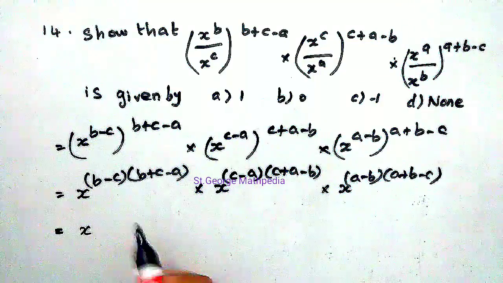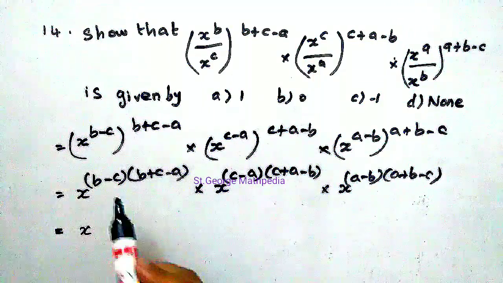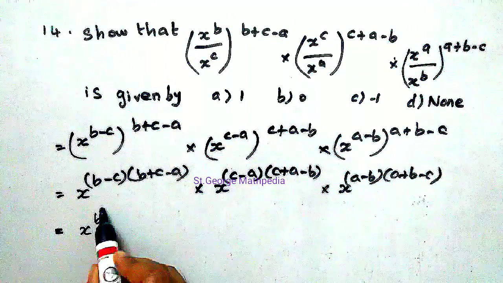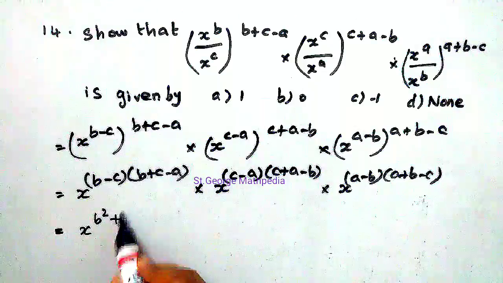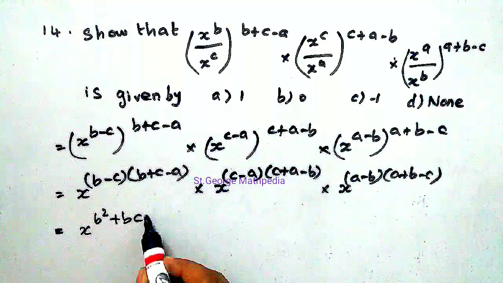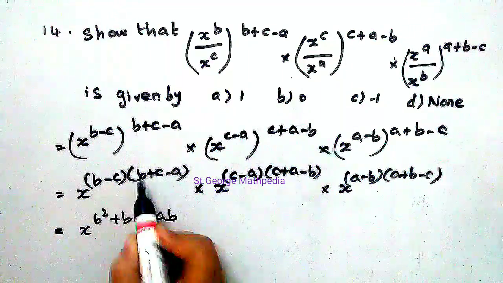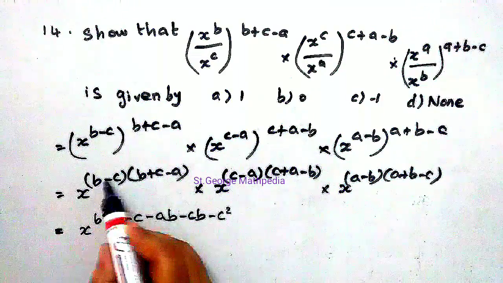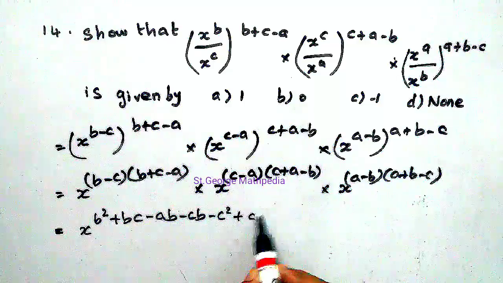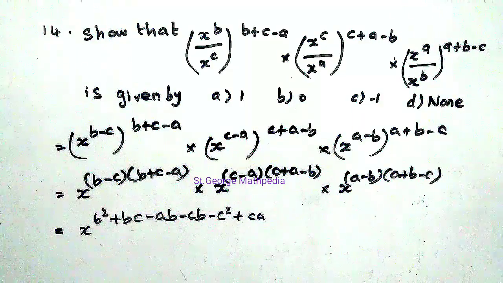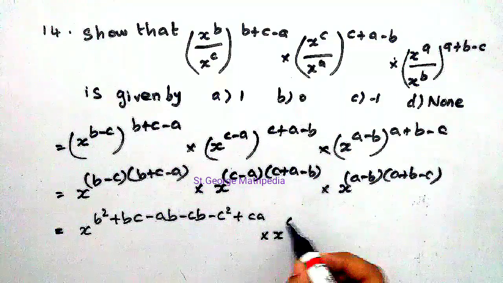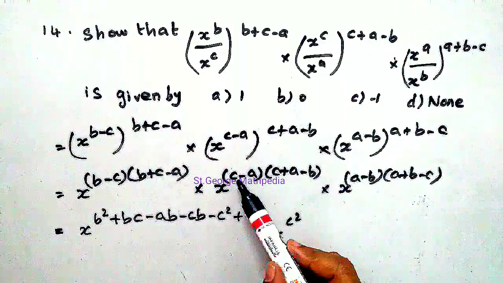So this is equal to x to the power of, now let us multiply this. b into b, b square, b into c, bc, b into a minus ab, minus cb, minus c square, minus into minus plus ca. Similarly here, x to the power of c squared.